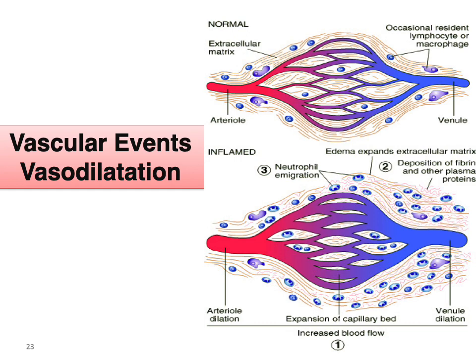Okay, so the picture here shows two capillary beds. Now imagine lang nato blood vessels sila. Now, let's use as an example infection as the inciting agent of inflammation.